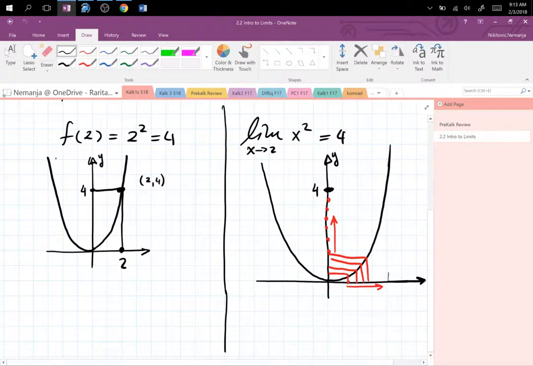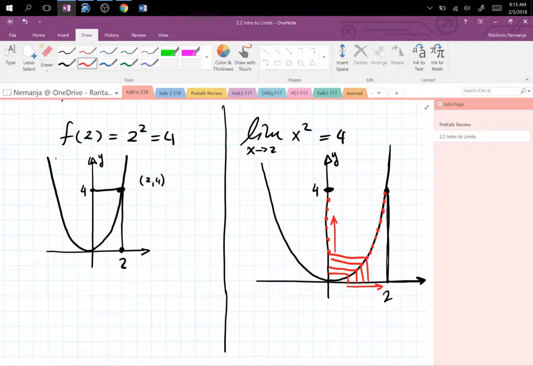Well, if we are to go up, all these points, and then you eventually reach 2, and you can't approach 2 anymore from the left, so you have to stop, right?